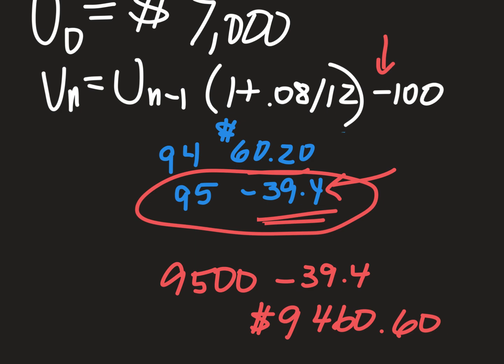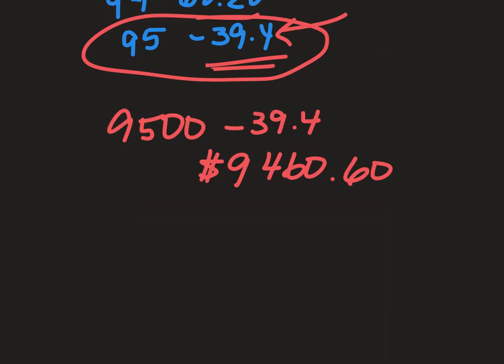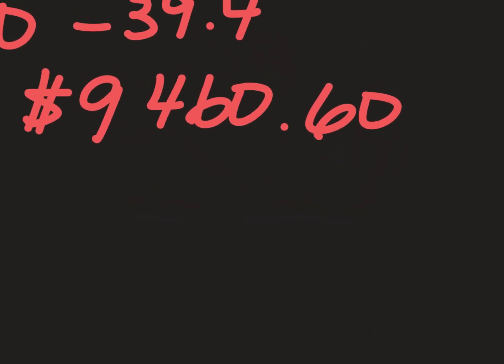All right. But what if they said, how much interest is that? How much interest was it? It's not a super complicated thing. The thing was supposed to cost you $7,000.